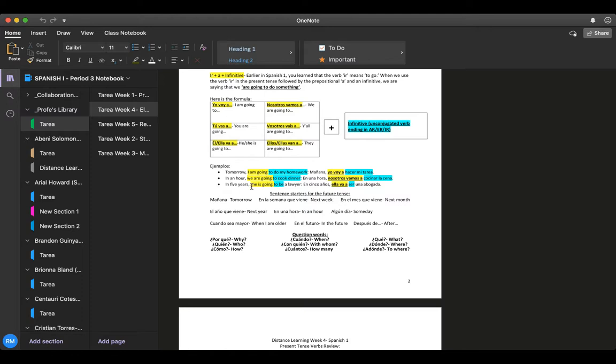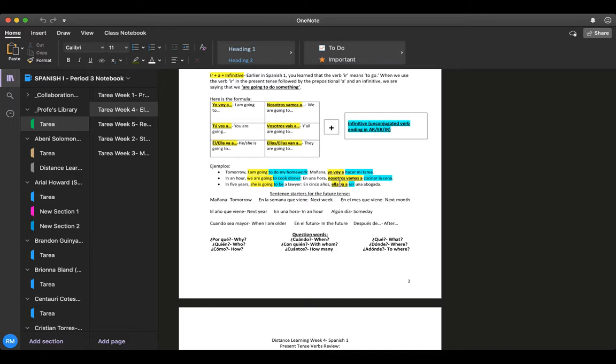Okay, in an hour, we are going to cook dinner, something that is going to happen in the future. It hasn't happened yet. Notice that we say in the yellow, we are going. And then in the blue, to cook dinner. To cook is the infinitive in English. Okay, let's see what it says in Spanish. En una hora, in an hour, nosotros vamos a cocinar la cena.